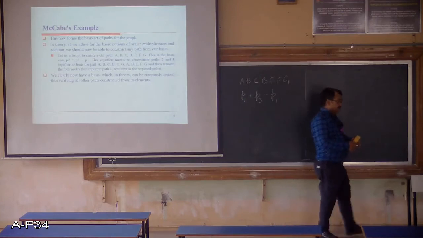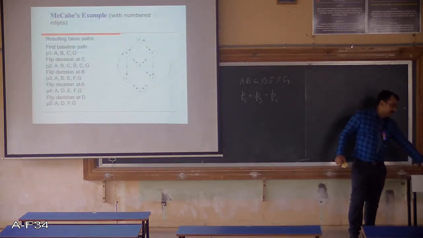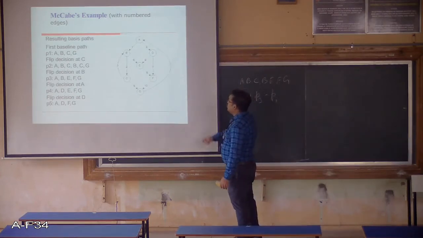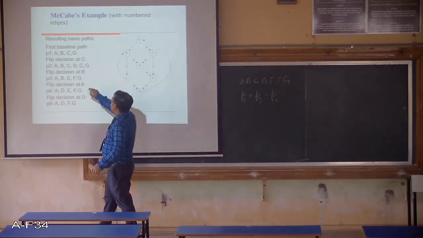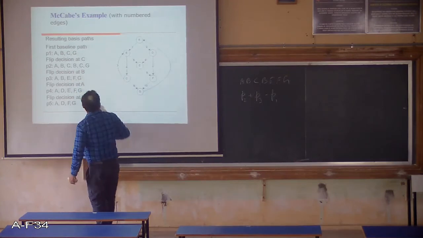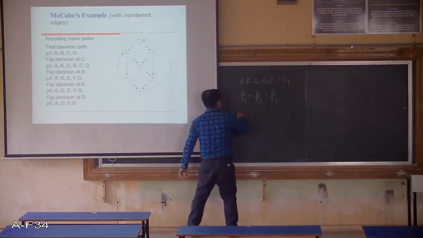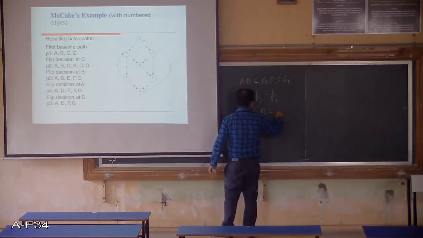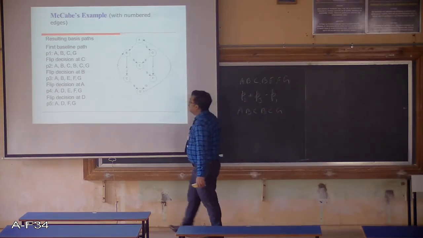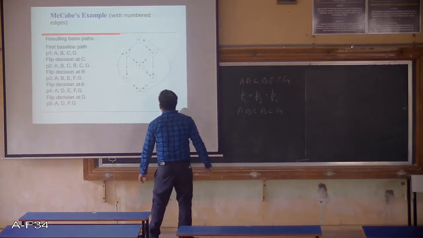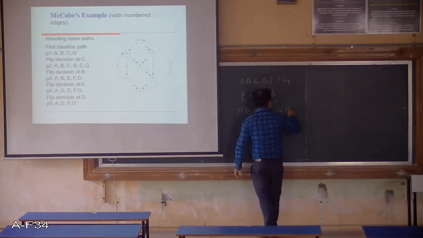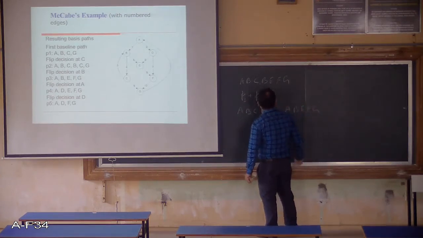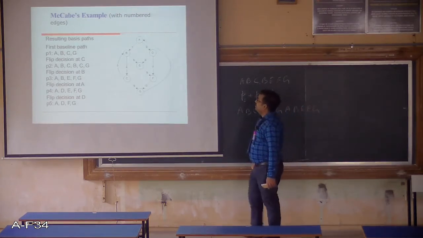Okay. Now let's go to the basis paths. Now what are the basis paths? The P2 is A, B, C, B, C, Z. Okay, write down A, B, C, B, C, Z. What is P3? A, B, E, F, Z. Okay.